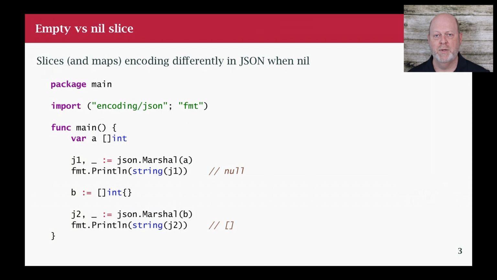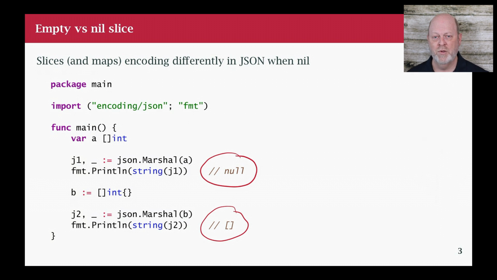And that's what's going to happen here. If I take the nil slice and encode it into JSON, it's going to come out as null because there's nothing there. If I take the empty slice and encode it as JSON, I'm going to get a pair of square brackets with nothing in them. In other words, an array or list of length 0.